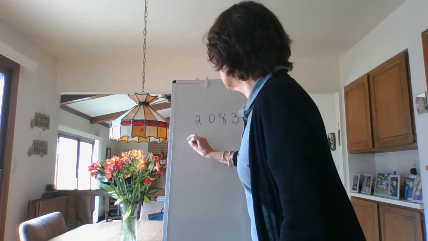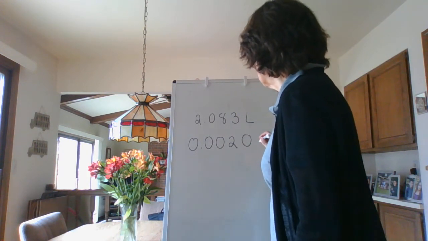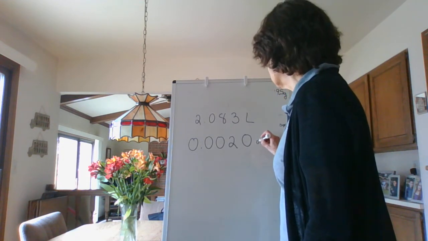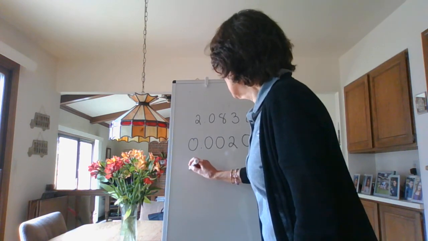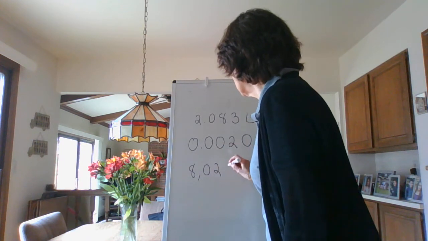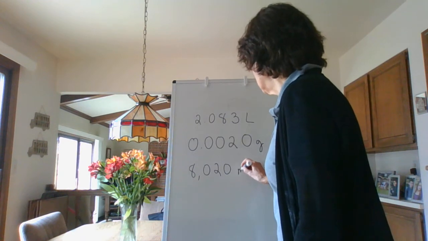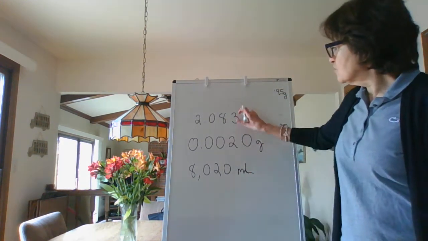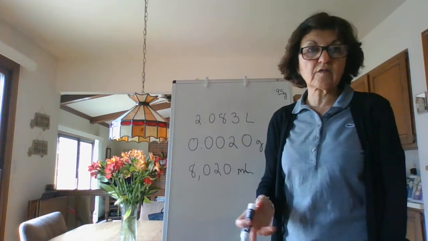And this number here, 0.0020 grams. And then I have this number here, 8,020 milliliters. Okay, so 2 volumes and 1 mass. And I ask you, how many sig figs are there?